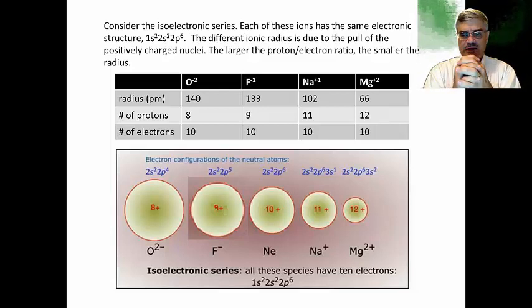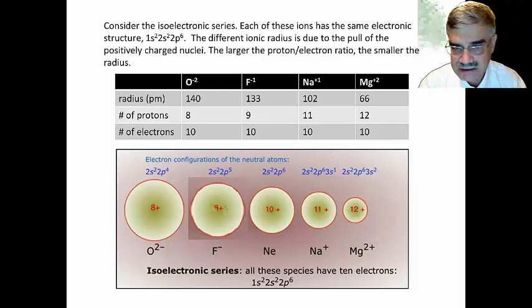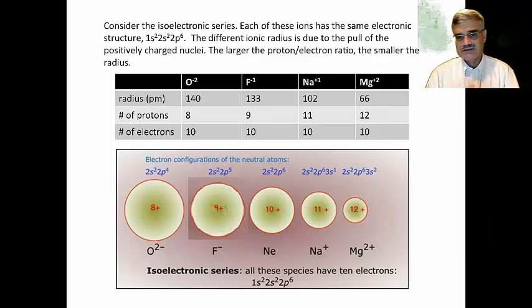Why do we have this shrinkage as we go from oxide, O-2, to magnesium plus 2? In each case, they have the same electron configuration, 1s2, 2s2, 2p6. 10 electrons total. Well, the reason is because there's an increase in the positive charge of the nucleus as you go across this series.